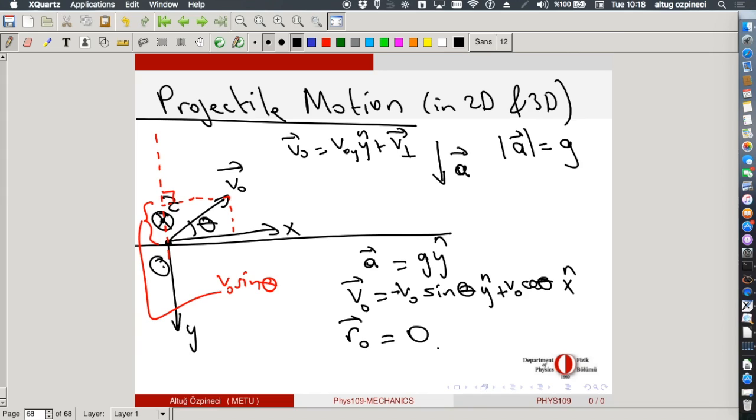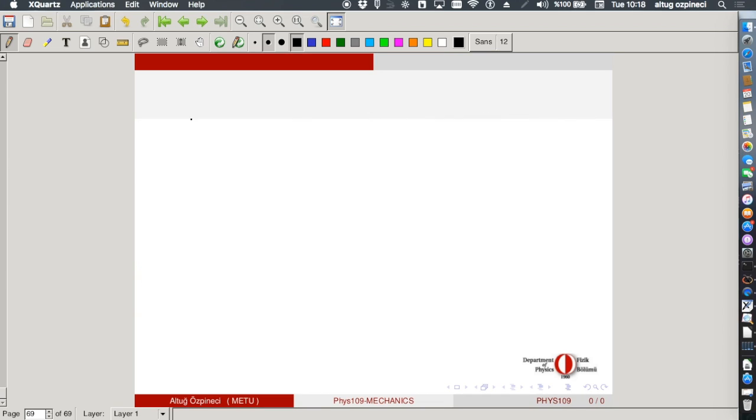Now, what about the position as a function of time? We already know that the acceleration is constant, so it is equal to the average acceleration. If it is the average acceleration, we have already defined it. It is the change in the velocity divided by the time it takes. So independent of which time you assume, this is still true.